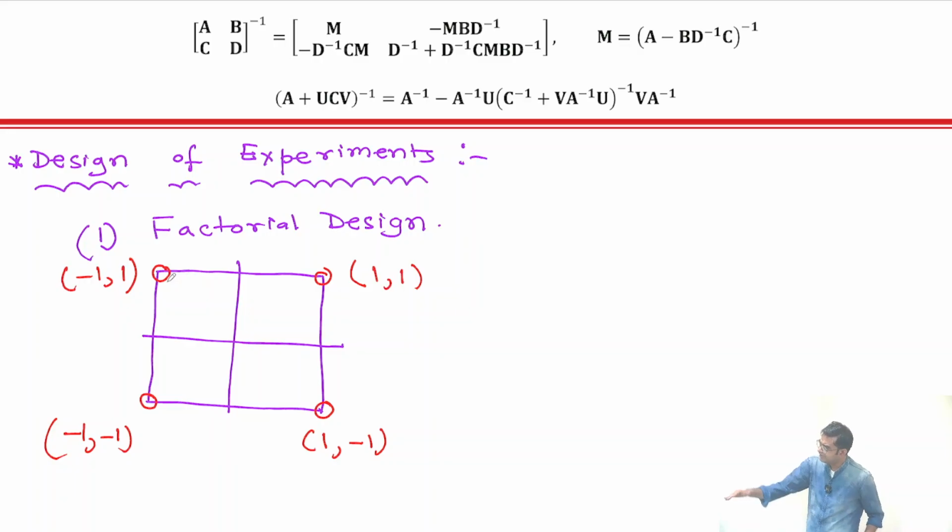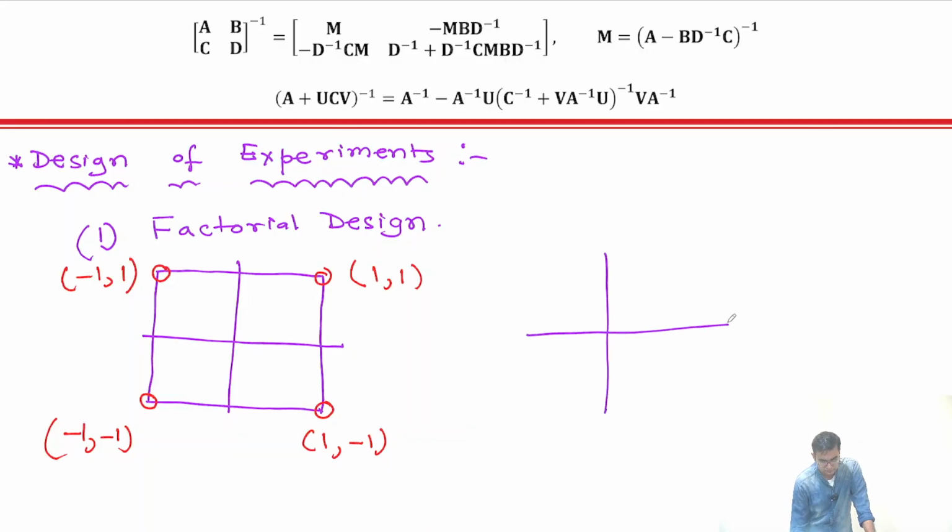Okay. In 3D, what will happen? How many points will you have in 3D? 8 corners, right? So in 3D, if I have to draw, it will be something like this.